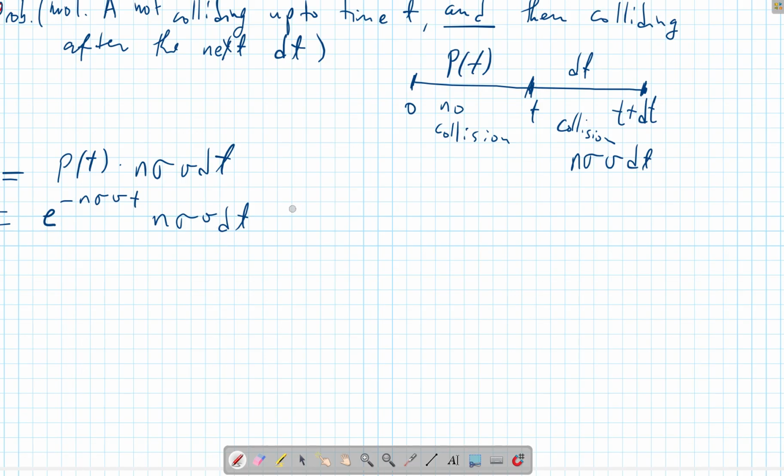Okay, so one can see this probability as some probability density f star of t times dt, right? And you know what f star is from here. You can see f star of t is going to be e to the minus n sigma v t times n sigma v.